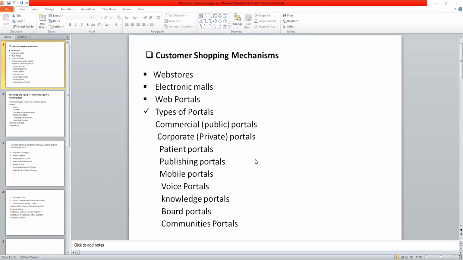Now, if we take the means for customer shopping mechanisms, the web stores are there. Web stores, or storefront, refers to an individual company, a single organization website where various products and services are sold to the customers.